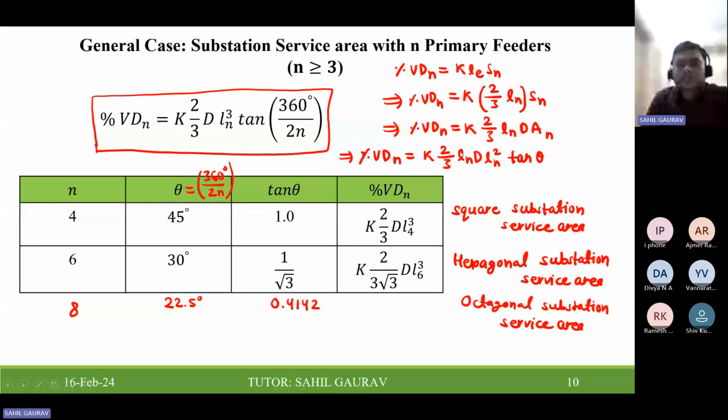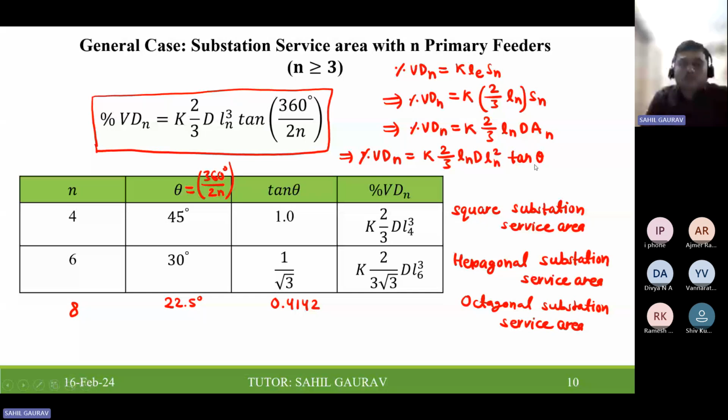Now we have substituted effective length as 2/3 of ln, and in the next step we have substituted the service area served by one of the feeders equal to D into An, and again we substitute this area served by one of the n feeders as ln square tan theta, and we know that tan theta equals tan 360 degree upon 2n. So substitute all these values, you will get the final voltage drop expression.